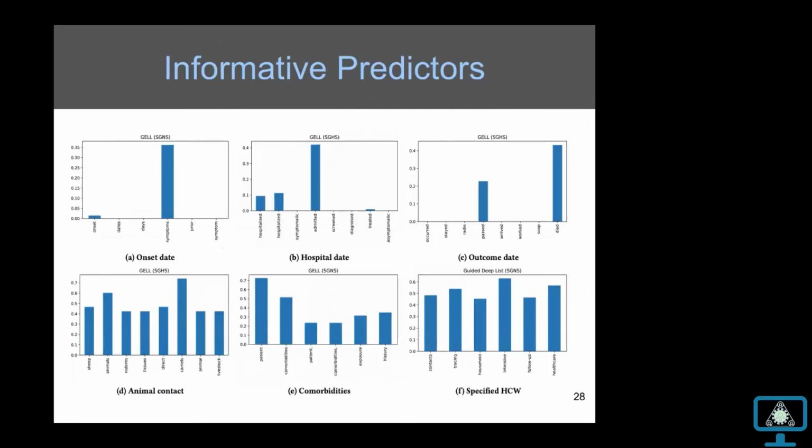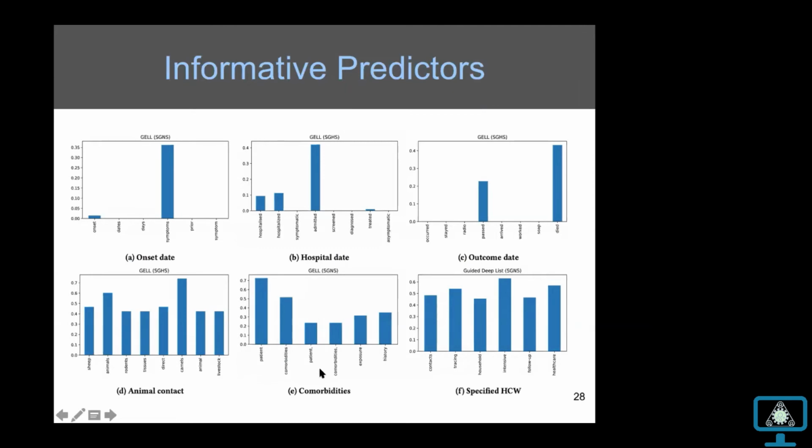Here is a little bit of a drill down. I'm sorry if the slide is a bit squished, but essentially it's showing you what are the informative predictors for each of these features that we're looking at. So onset date, hospitalization date, outcome date, animal contact, and so on. So as you can see, for each of these features, the most informative predictors are highlighted in this plot.